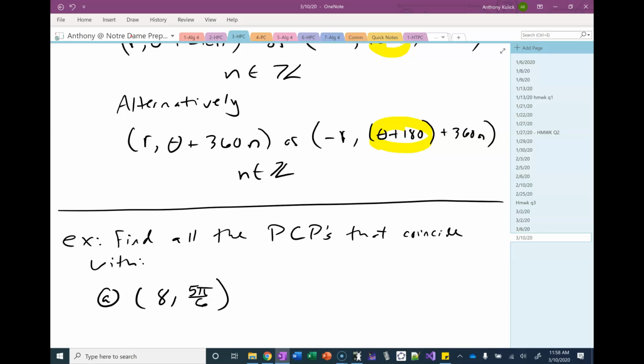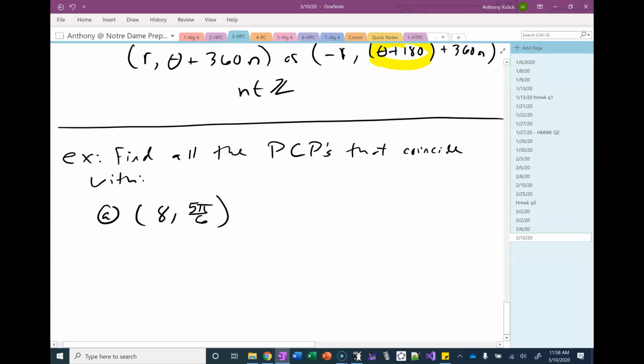How many of them are there? Infinite, right? So we're not going to list them. We're going to describe them with like a formula, kind of. Okay? So there's two ways to get coinciding points. One way is by finding things that are coterminal.